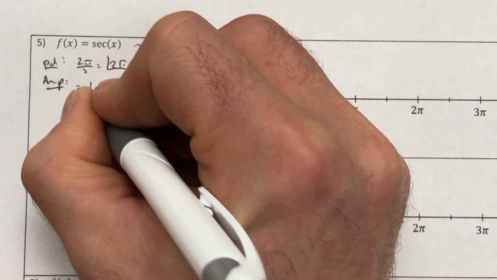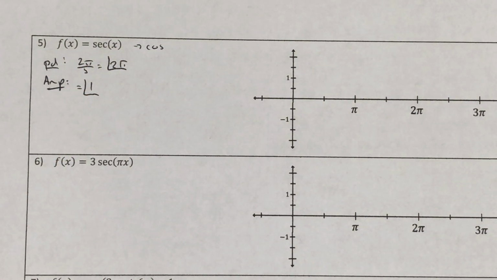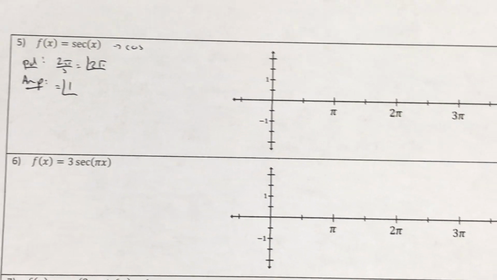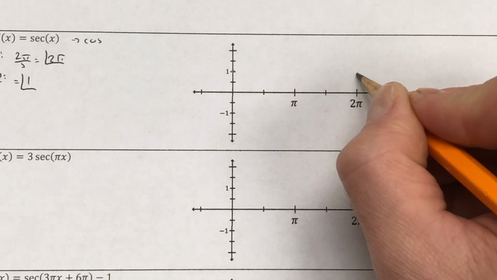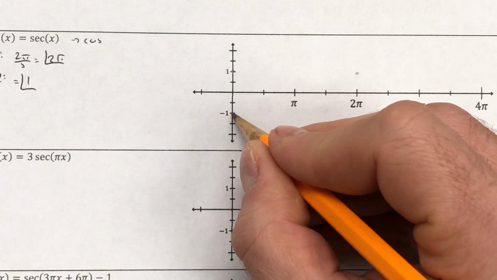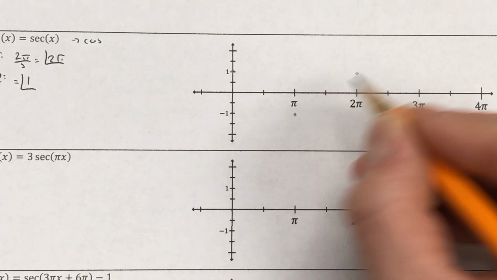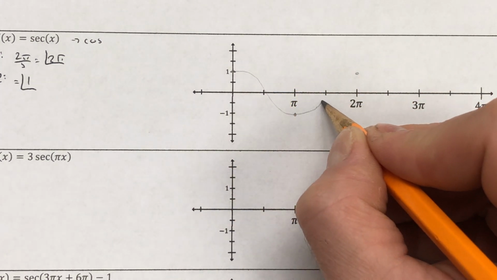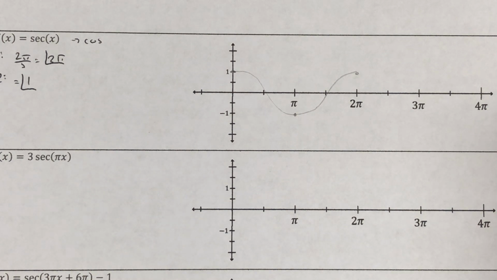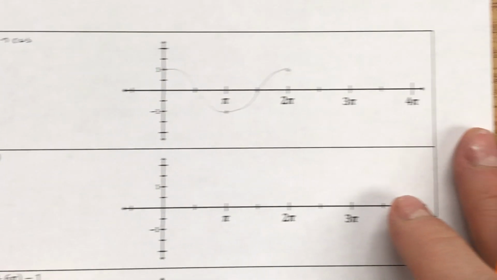My amplitude is 1. So I know that my cosine normally starts at 1, and every 2 pi it repeats itself. So let's see, right here it would be at its minimum point. Boom, so I have a cosine wave that looks something like that.